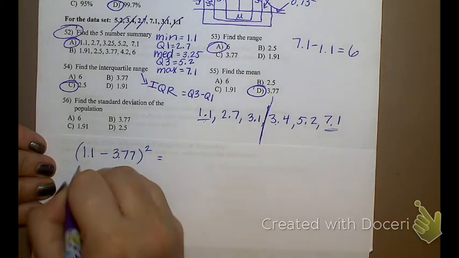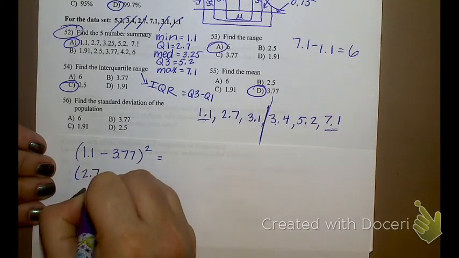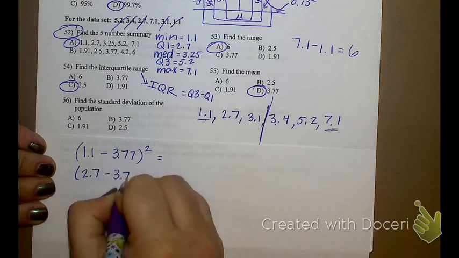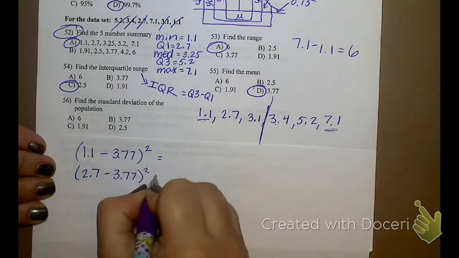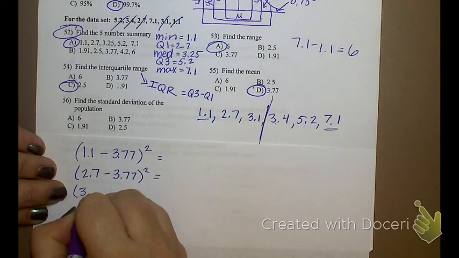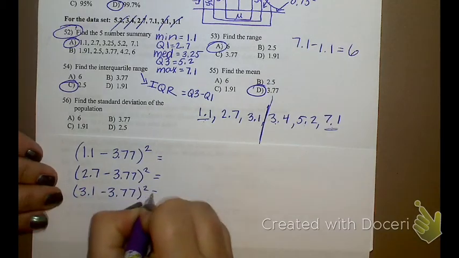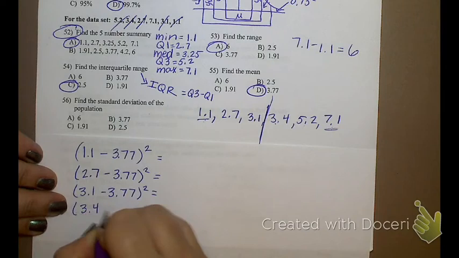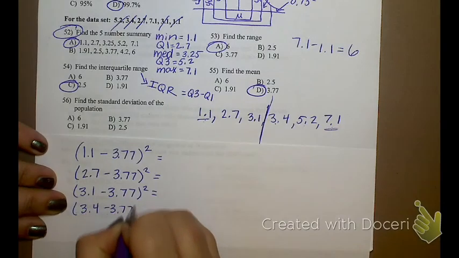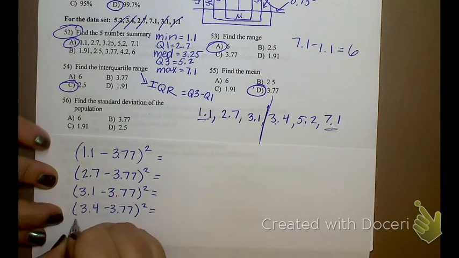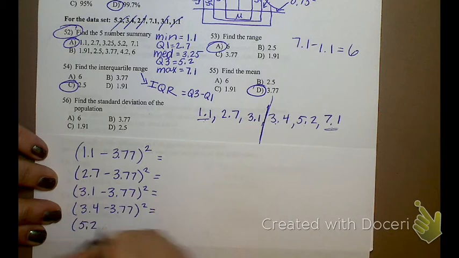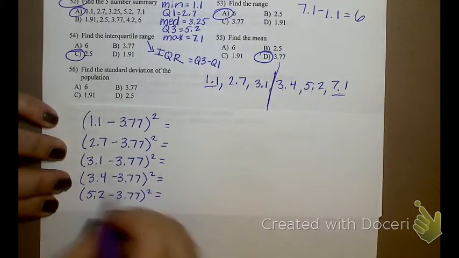So I have to do that for 1.1, for 2.7, for 3.1, for 3.4, for 5.2, and for 7.1.